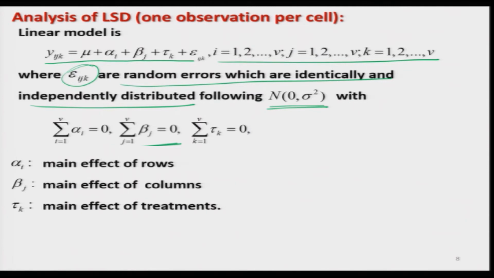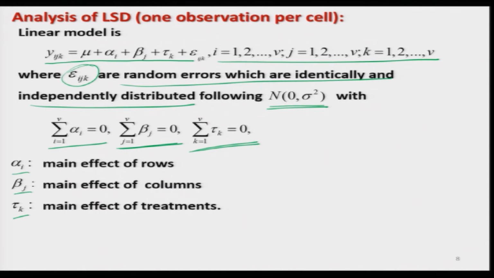And we know that we are going to put here the constraints on the parameters like summation over i alpha i is equal to 0, summation over j beta j is equal to 0, and summation over k tau k equal to 0.